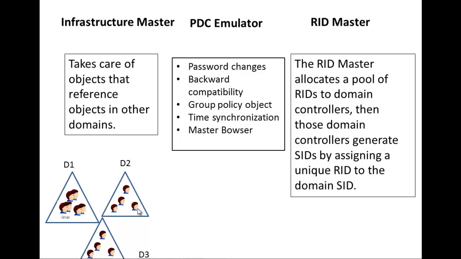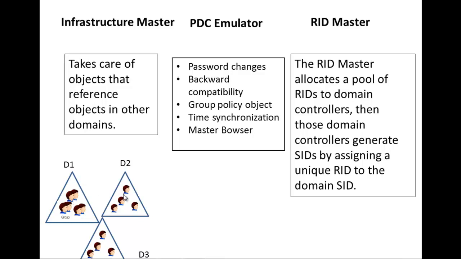Now, if in domain 2, the administrator had to change the name of a user, or change that user's password, or change something about that user, or even delete the user, then that information has to be sent to the universal group, or the other members need to know that.